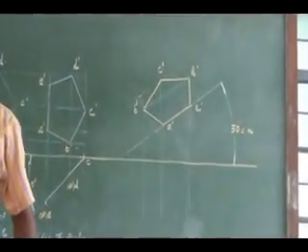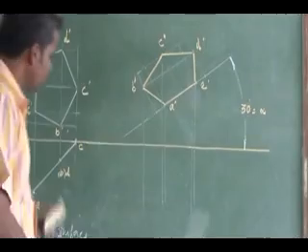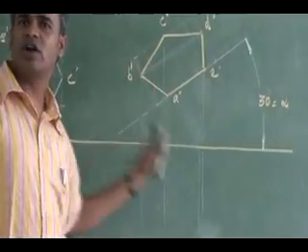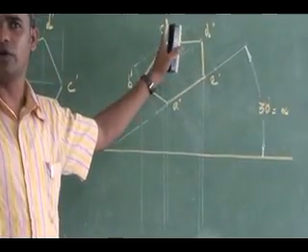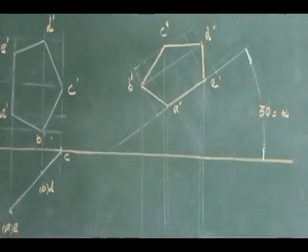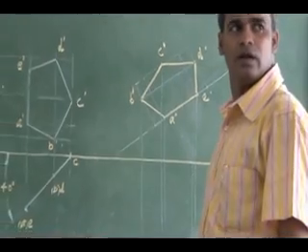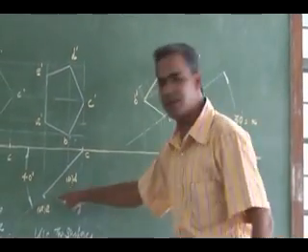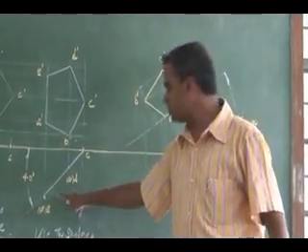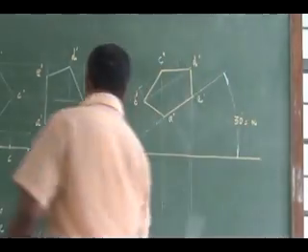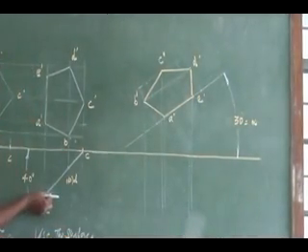Is it clear? Listen. Here, I have drawn them from all the corners of the final front view. Then you draw the horizontal projector lines from the previous top view.